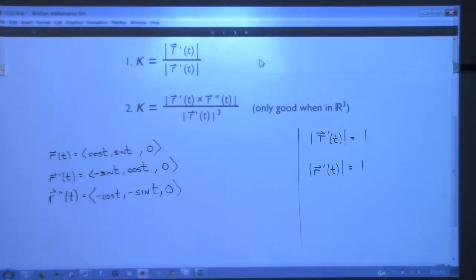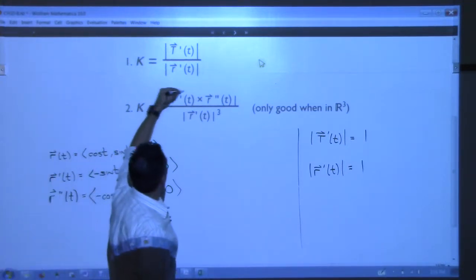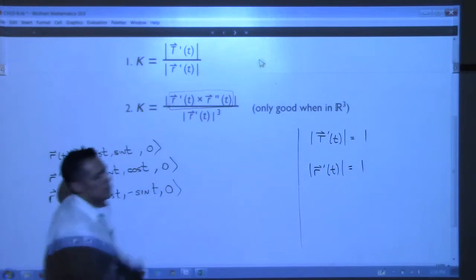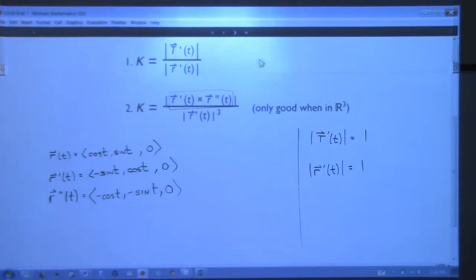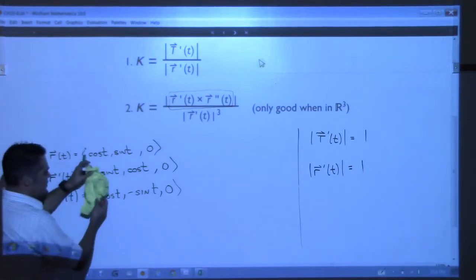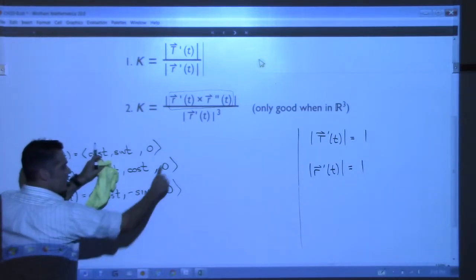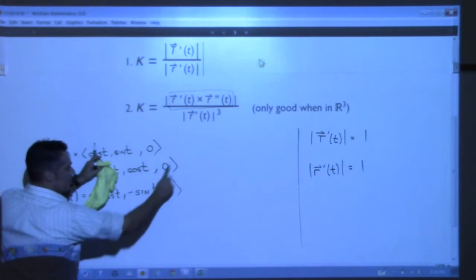Yeah? Now we need to do the cross product of those two, which is these two, right? Let's cross them. So this is that thing that we did before, right? Cover this up. Here, here. Oh, that's nice, isn't it? Here, here, 0.